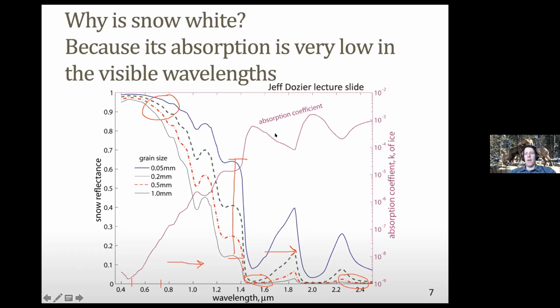And it's part of this thing called the complex index of refraction, which describes the way that light travels through a medium. And what you can see here with this absorption coefficient is that it is extremely small down here in the visible.